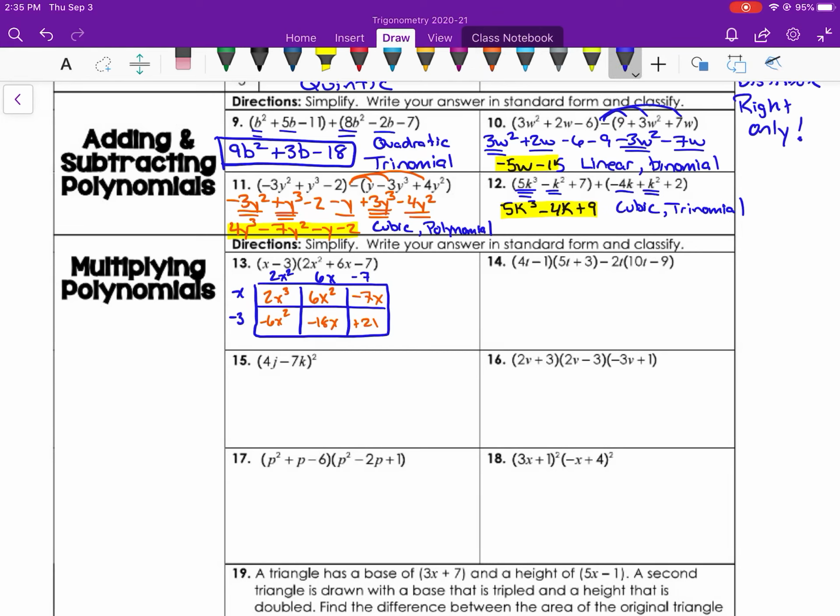The nice part about these is your diagonals are your like terms. Like I was saying about space, I'm just gonna write my answer there. So 2x cubed. The squares cancel out, and then we get negative 25x plus 21. So this is a cubic trinomial.